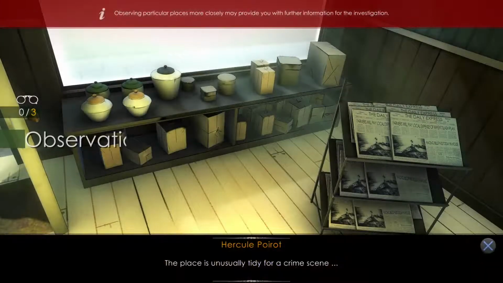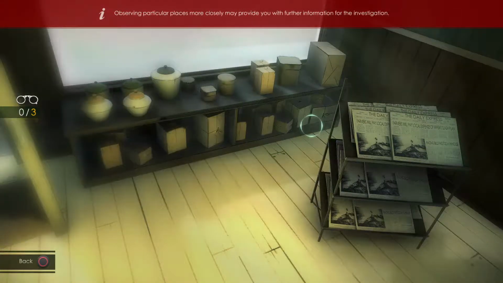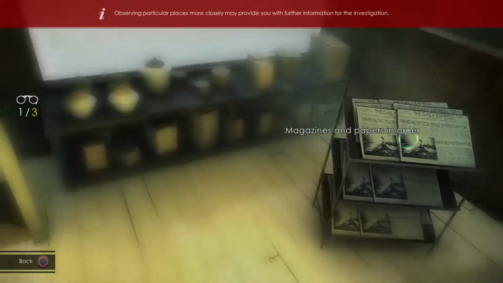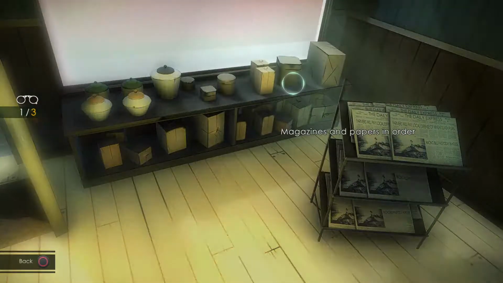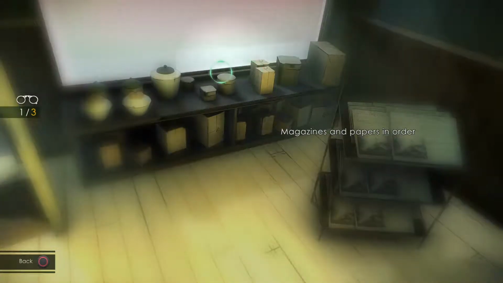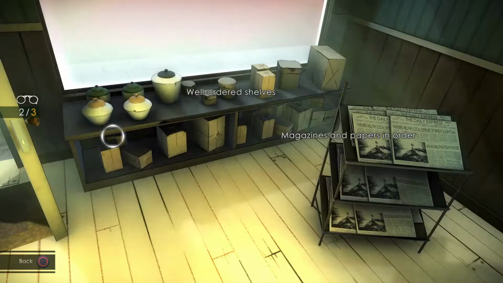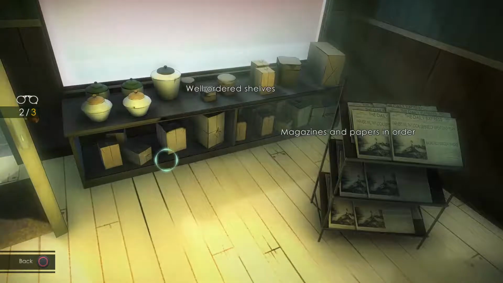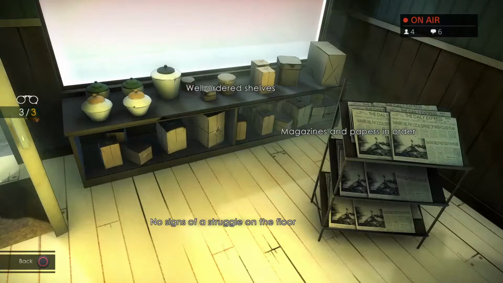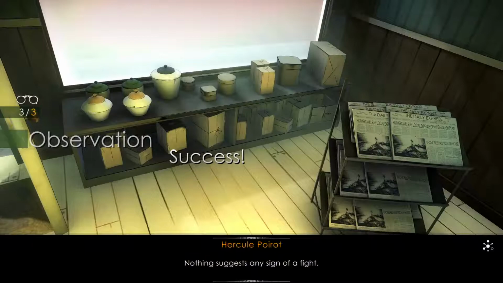The place is unusually tidy for a crime scene. No signs of a struggle on the floor. Nothing suggests any sign of a fight.